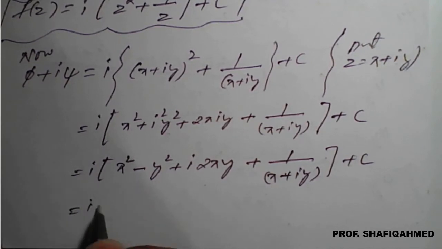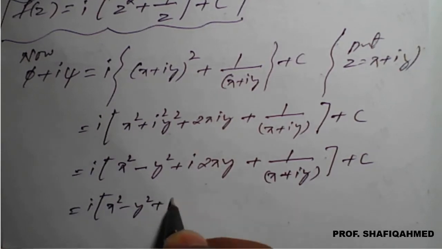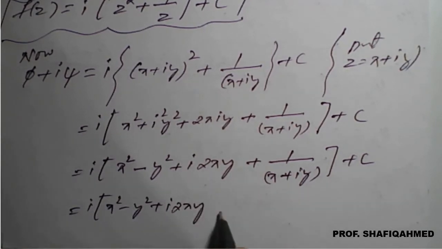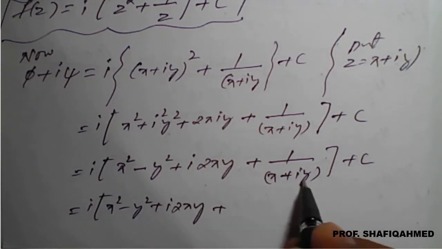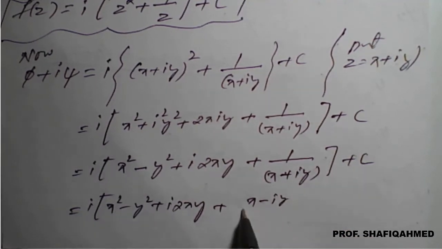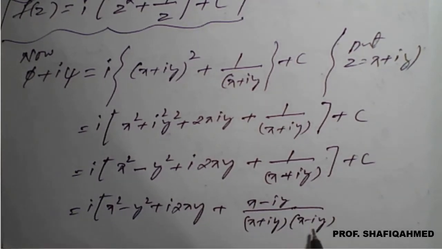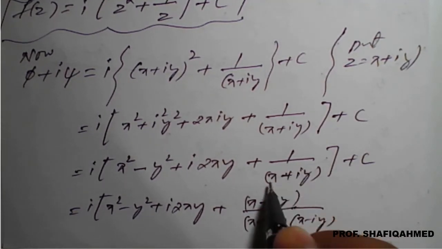Again here i times bracket x square minus y square plus i times 2xy plus, here we will rationalize the denominator, so it will become x minus iy divided by x plus iy into x minus iy. If you rationalize the denominator we have to change the sign, so plus, so this bracket cancels, we will get back our 1 upon x plus iy again.